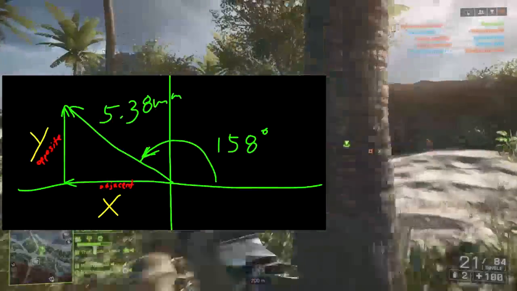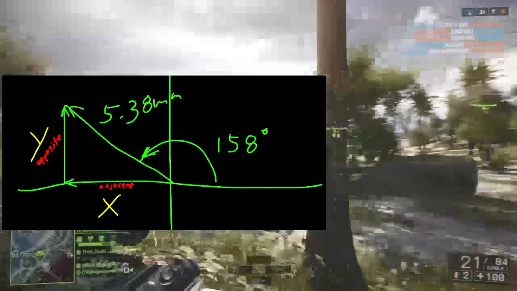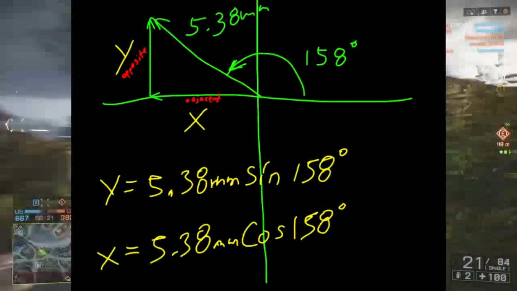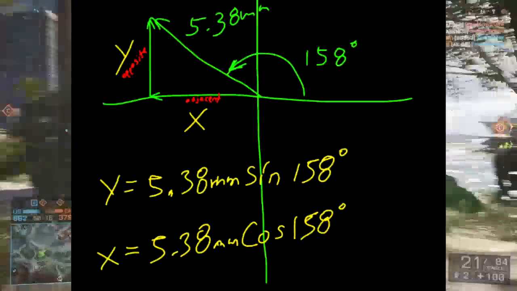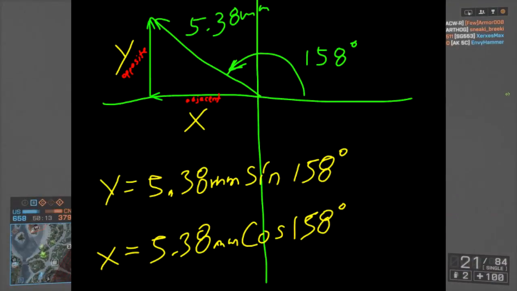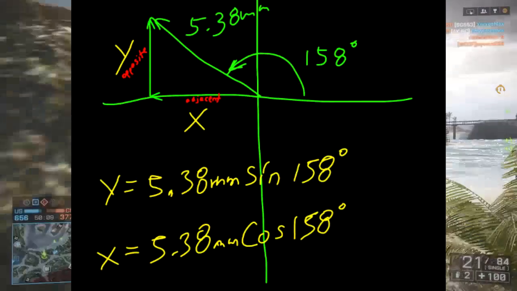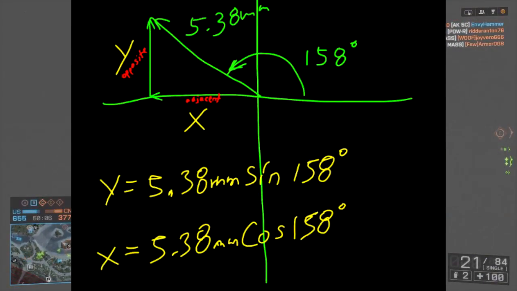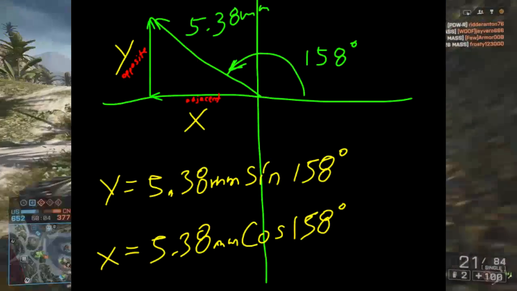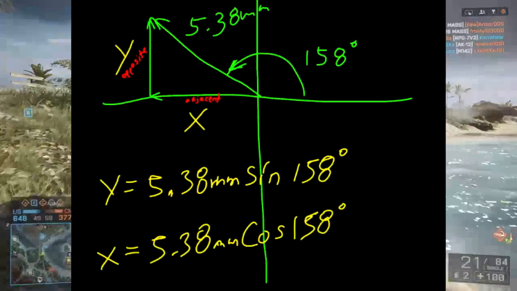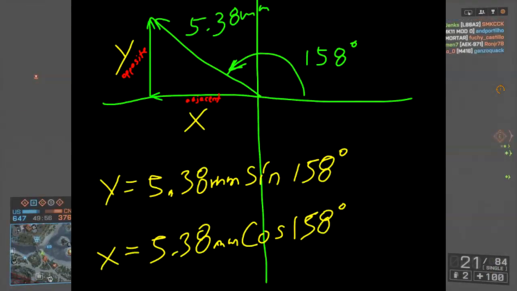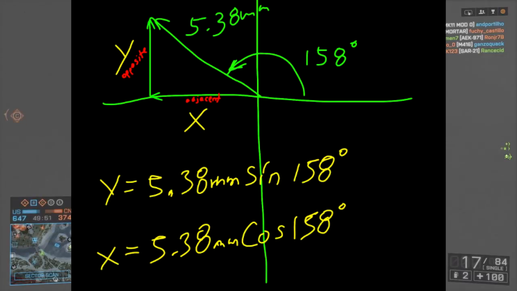To solve for the x component, you gotta type 5.38 and then press cos and then enter the angle 158, and that will give you negative 4.99, which means we are going 4.99 millimeters to the west, or 4.99 millimeters at 180 degrees.